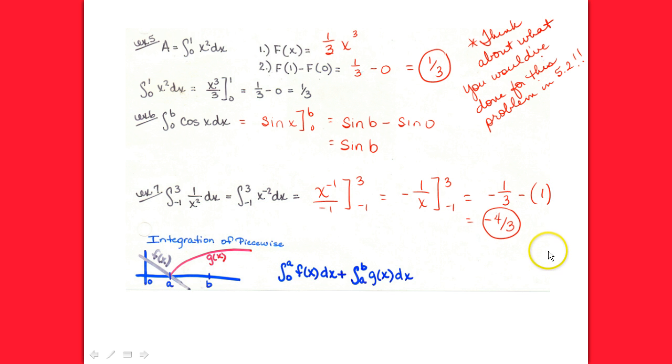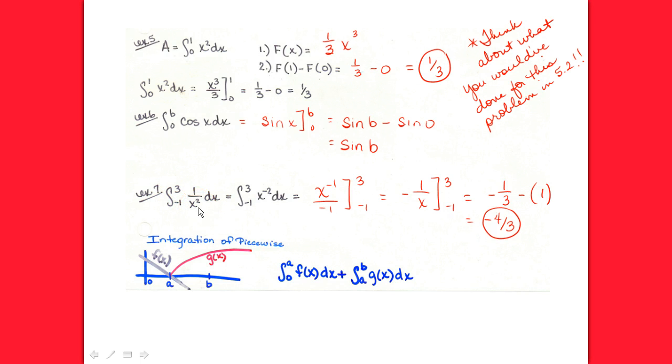So I have negative 1/3 minus 1, I get negative 4/3. There is a problem with that. You can have a negative area. I can have a negative area, but when is the only time that I can have a negative area? When my function is underneath the curve. Does this function graph underneath the curve?